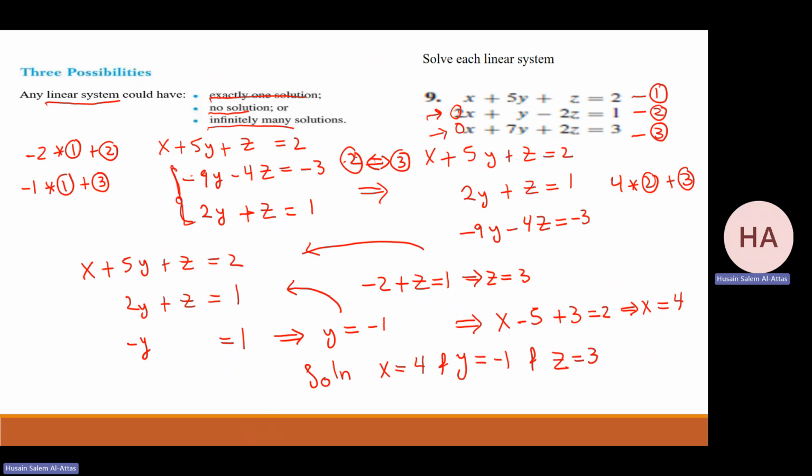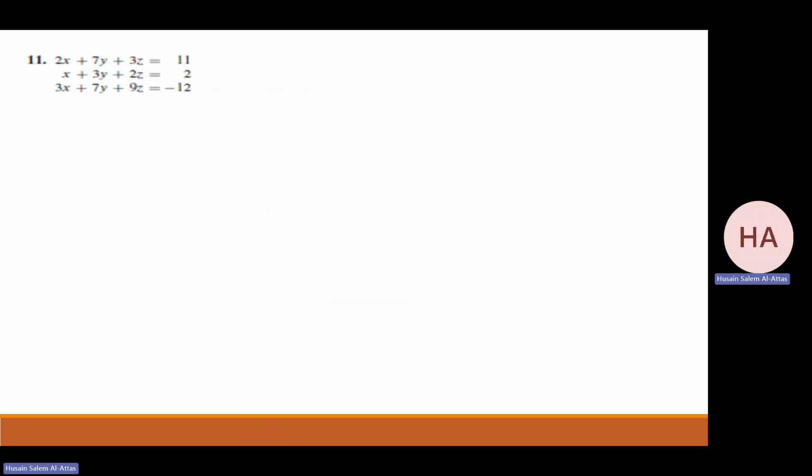So I have only y and z. Then I will do the same for these 2 equations to eliminate, for example, z in the second equation. So we have only one equation with one variable, then we can solve it easily. And then we do back substitution to find the answer. Let me do this one.